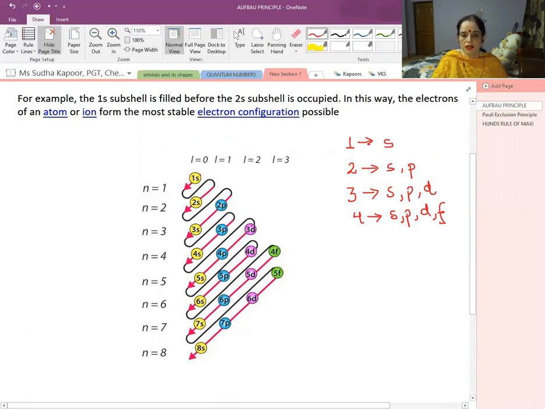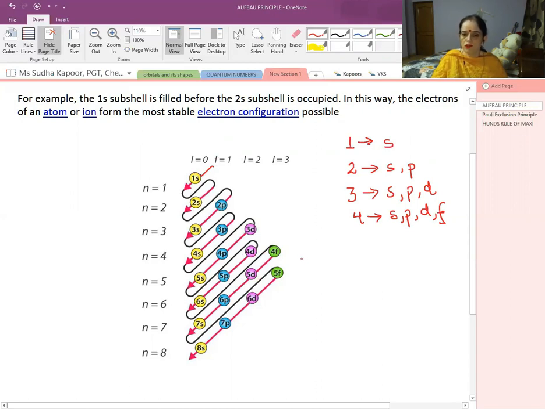But the electron filling takes place in a very special method: we have to draw the diagonals. We write 1S, 2S, 2P, 3S, 3P, 3D, 4S, 4P, 4D, 4F in this manner, and then the filling of the electron takes place in the diagonal method.